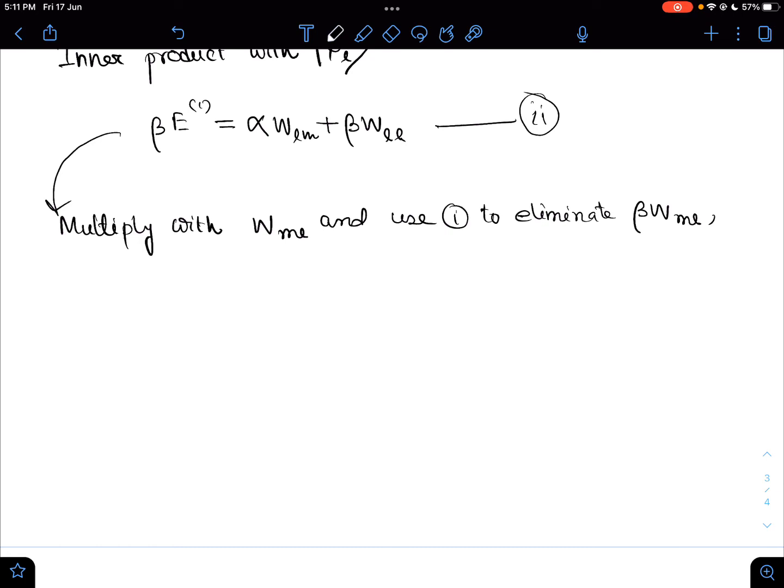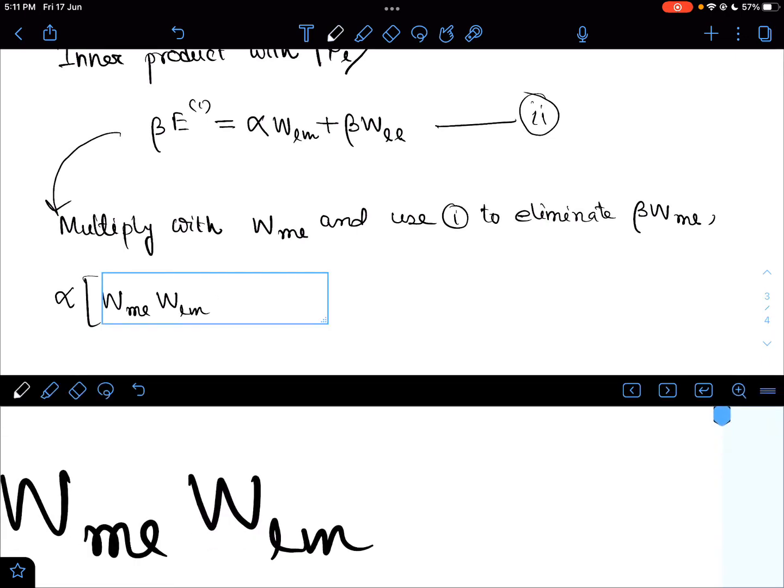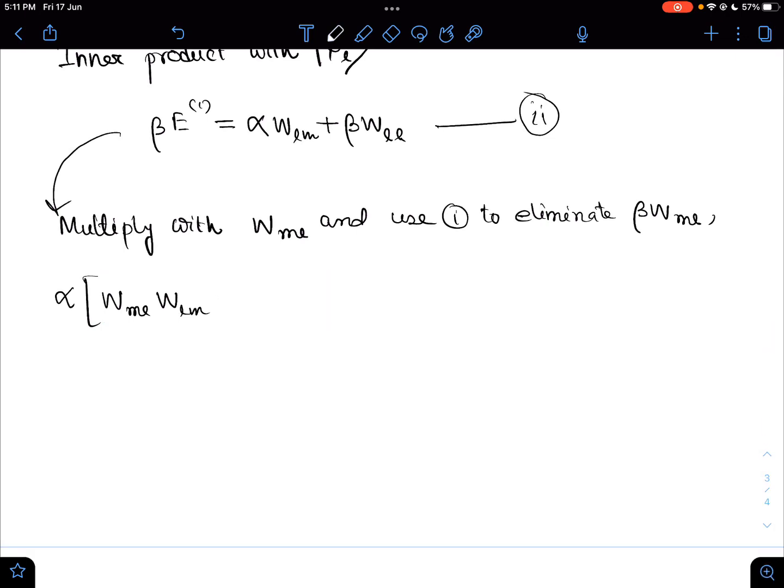So we will end up with alpha times omega ml omega Lm minus E1 minus omega mm and E1 minus omega LL, and this will be 0.